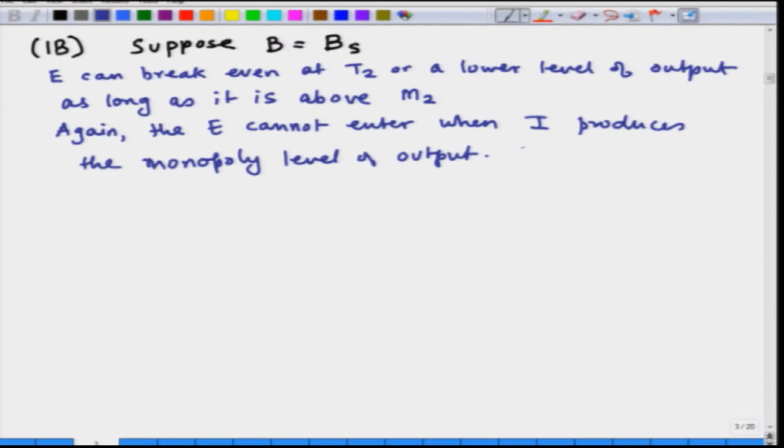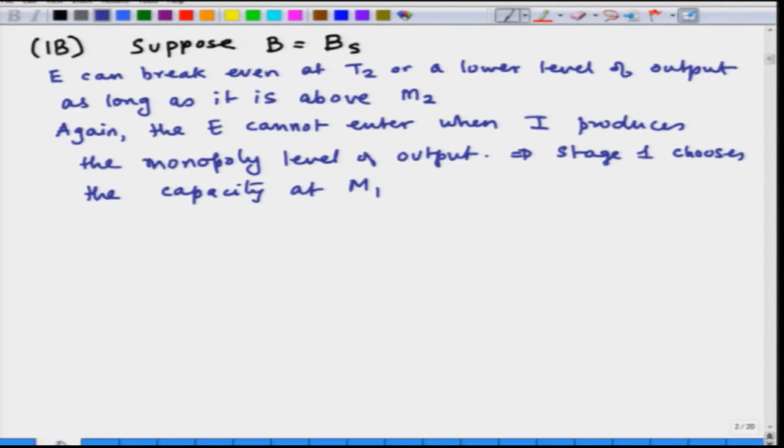So, in stage 1 the incumbent chooses the monopoly level of capacity, chooses the capacity at M1, guaranteeing that the entrant will not enter the market.